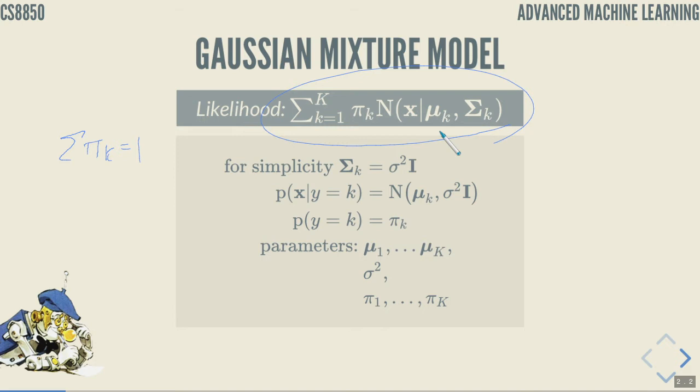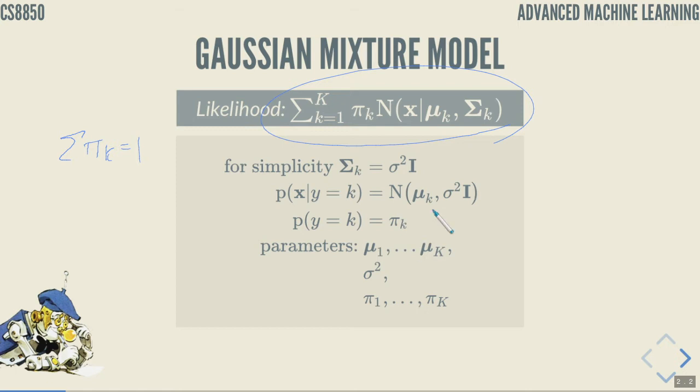Then the probability of x, given that the class is k, is a normal distribution with a specific mean, and they all have the same diagonal, spherical covariance matrix.